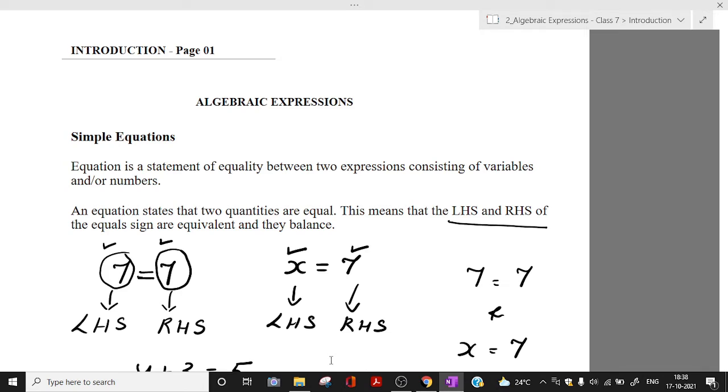So 7 is equal to 7, x is equal to 7, 10 is equal to 10, 5 is equal to 5, a is equal to 10, s is equal to 35, p is equal to 36, right? So all these are termed as equations, where you have a left hand side and a right hand side separated by the equal to sign.